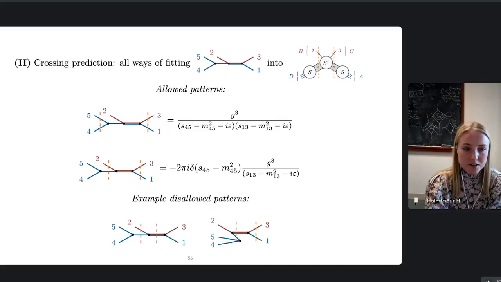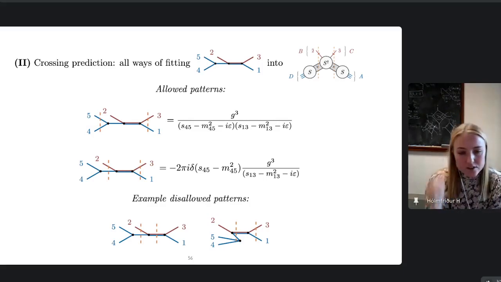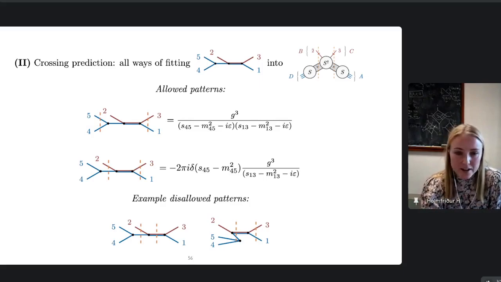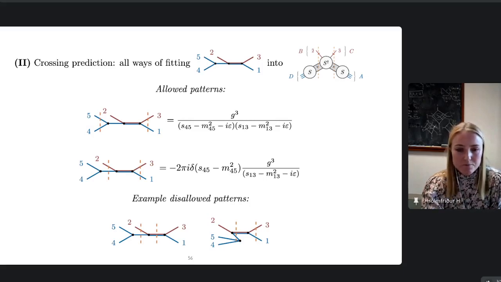So we can basically place these particles on the orange cut to get back precisely the cut term. But then there are a lot of different patterns that are disallowed for different reasons. For example, 1 and 3 cannot interact before the cut, so we cannot write down this amplitude here. And this one is basically disallowed by energy conservation, because we can't have this blue energetic line going back and forth between this cut here.